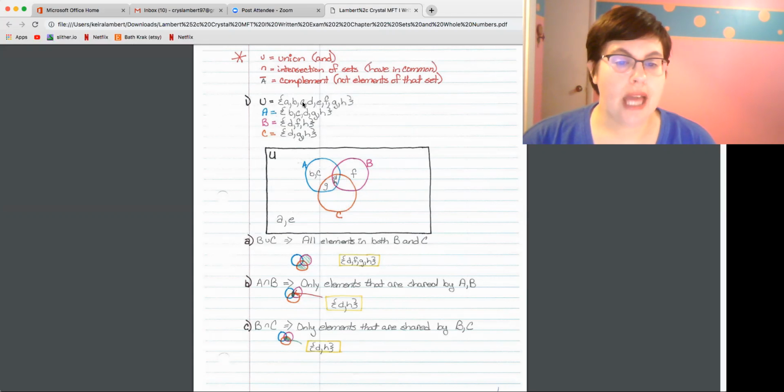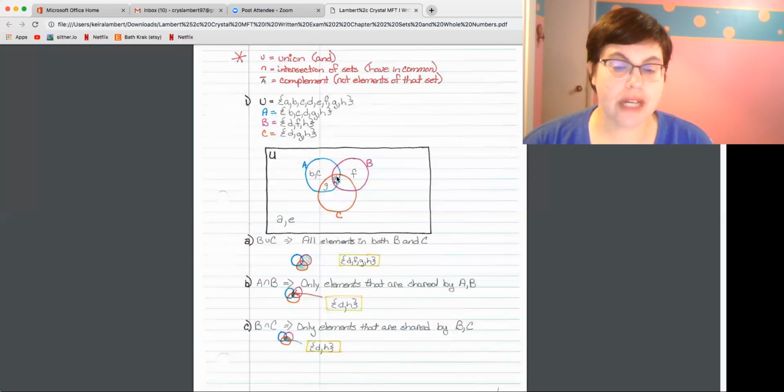Let's pick one that they share. Okay, D. D is in A, and D is in B, and D is in C. So what you're going to do is look to see where there's a space that a portion of each A, B, and C circle combines and shares a circular area.